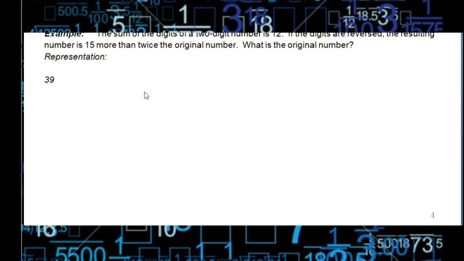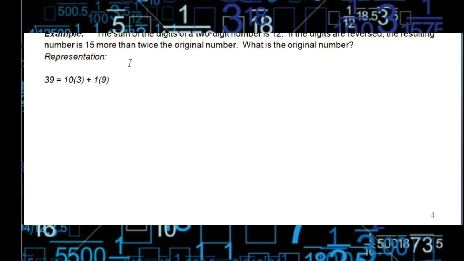Yung 39 na to, pag siya inisa-isa ko, by place value, ito ay nanggaling sa 10 times 3 plus 1 times 9. Kasi, di ba yung 30 dito, pag dinisect ko tong 39, yung tens digit, ito times mo siya syempre sa 10. Kaya 10 times 3. Yung ones digit, ito times mo sa 1. Kaya 1 times 9. So, when you add this, that's 39.